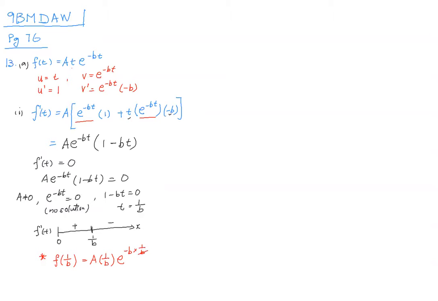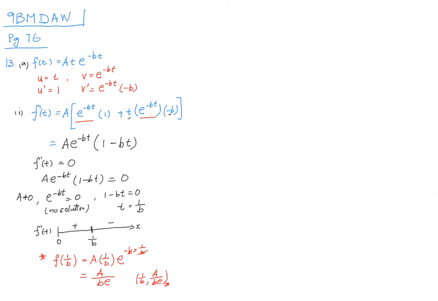So cancel, cancel. So you got a over b, e to the power negative 1. So this will be your y coordinate. So the coordinate of the maximum point will be 1 over b, a over be. So this is something extra. Okay, we are done with the first part.